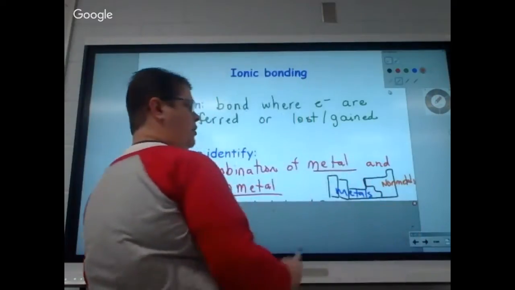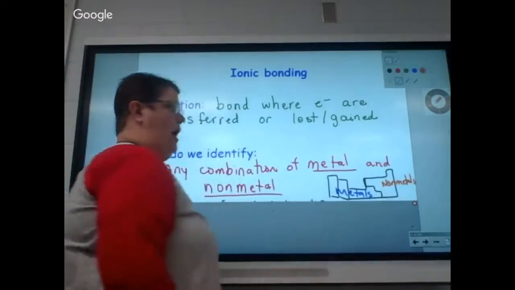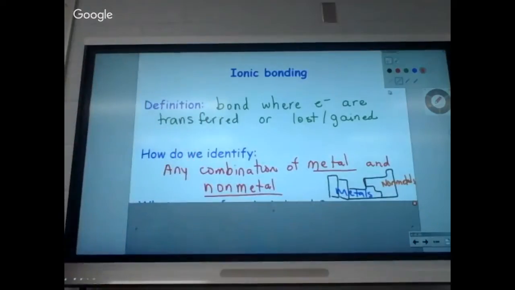So essentially, you need something from over here on the left with something over here on the right. Magnesium and what? Theoretically, yes. Argon's a noble gas and has 8 electrons, so will it actually form a compound? No. Magnesium and chlorine would be a much better example. Okay?